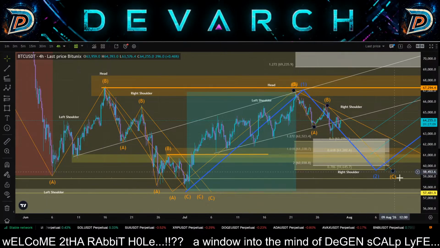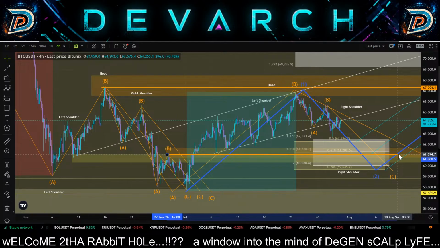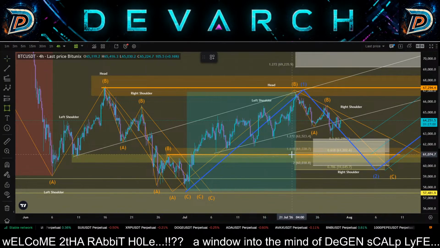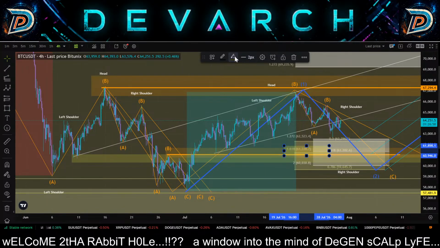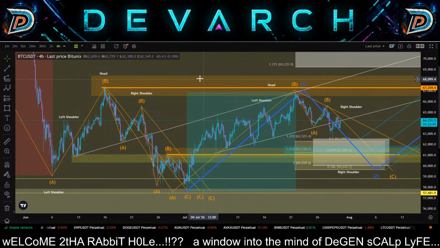Yep, it all looks correct. Let's extend this over. That's a pretty big zone right here. I'm actually going to put a blue shaded box here, because that's a pretty big zone. Okay.